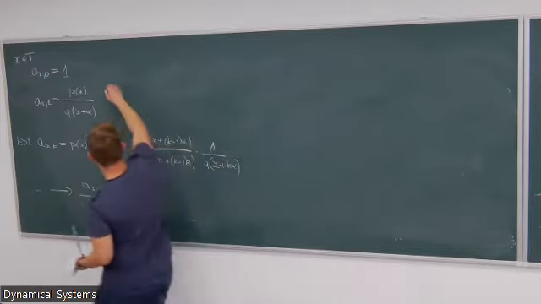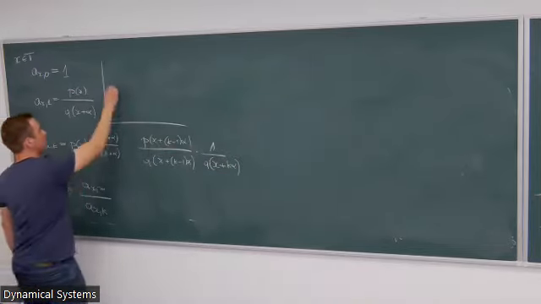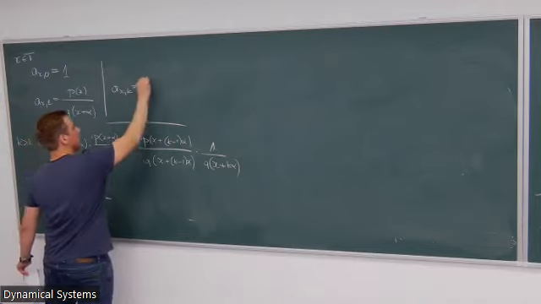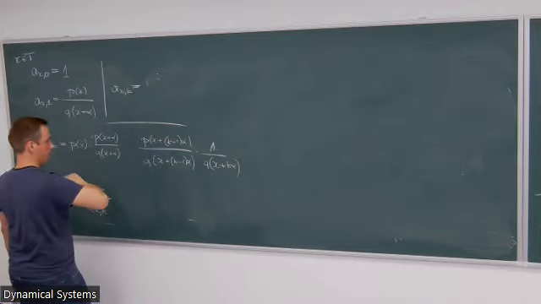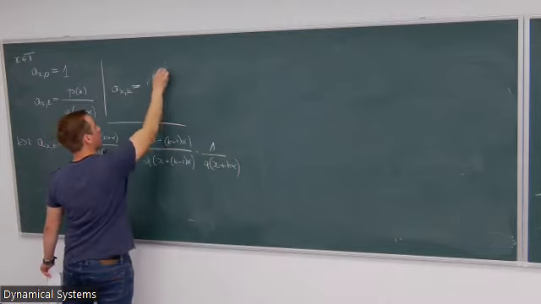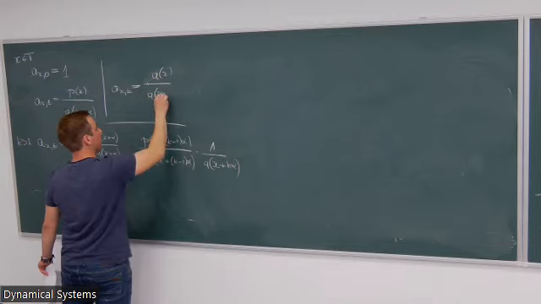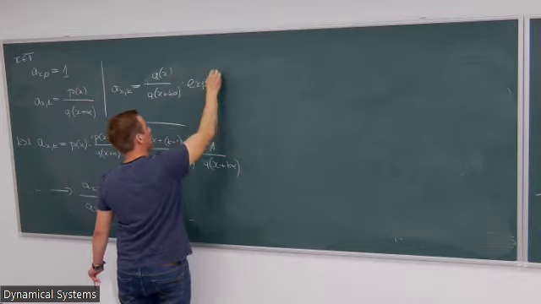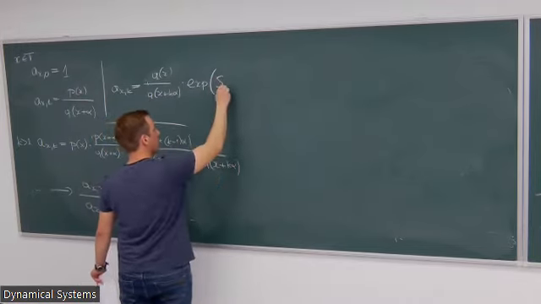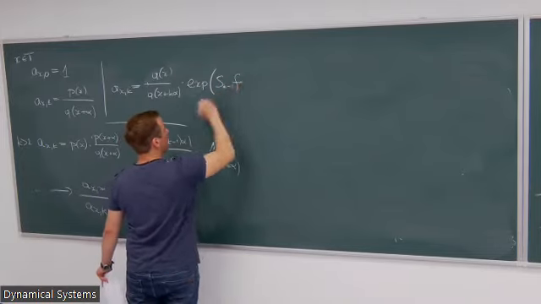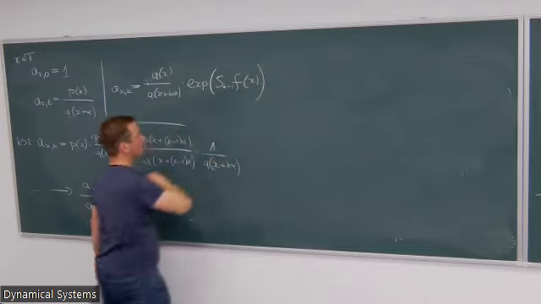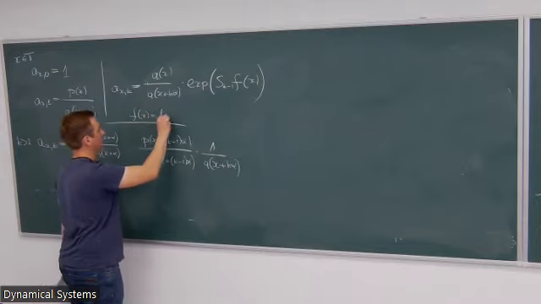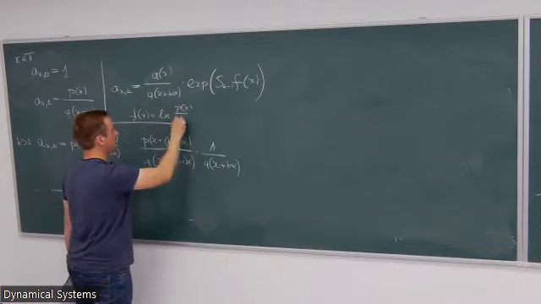So let me maybe remark also that A_xk can be rewritten as something like q of x by q of x plus k alpha, times the exponent of the Birkhoff sum of f of x, where f was just the logarithm of p of x by q of x.